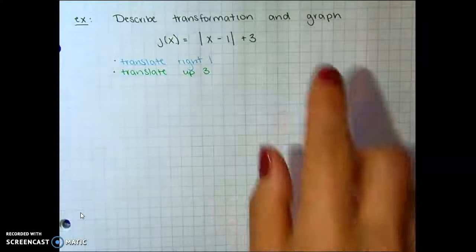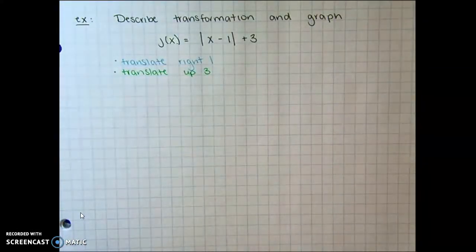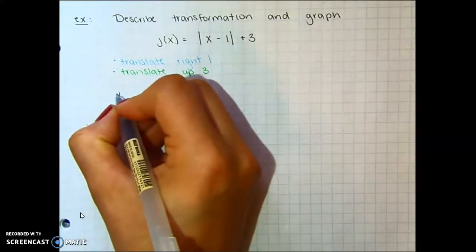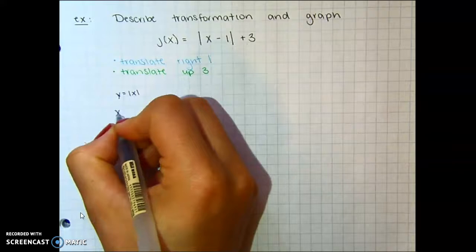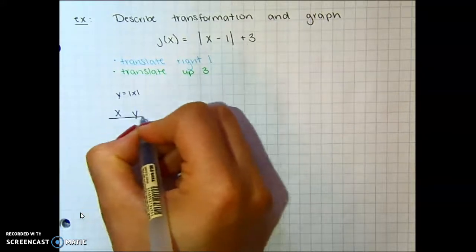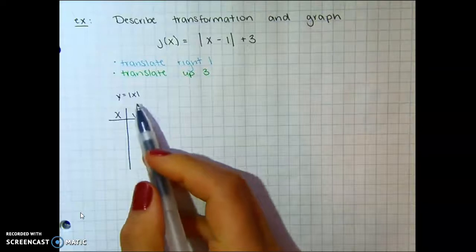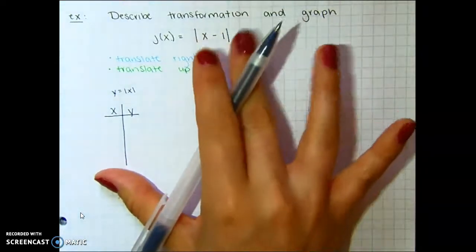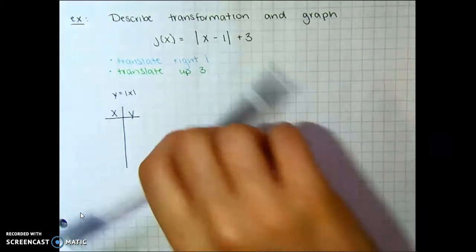So to graph it, we can start by thinking about the parent function. Remember, the parent function is y equals the absolute value of x. And make a table. Maybe you remember this from Algebra 1. If not, that's okay. But we want to have 5 key points so that we have the vertex in the middle, and then 2 points to the left and 2 points to the right.